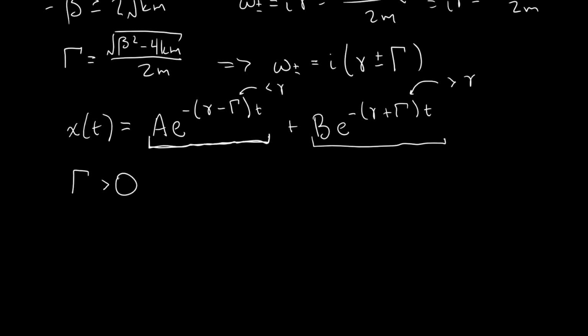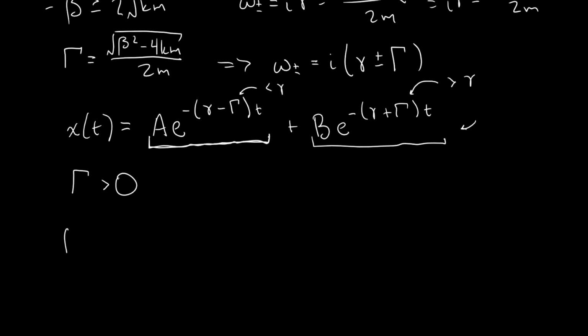Since they're summed, the second term dies off quickly, and the first term hangs around longer. So what you'll see is that when big gamma is greater than 0, it takes longer for the system to decay back to 0.